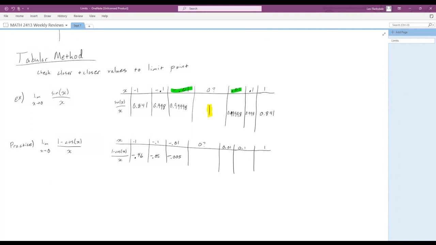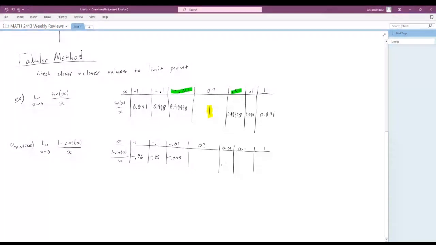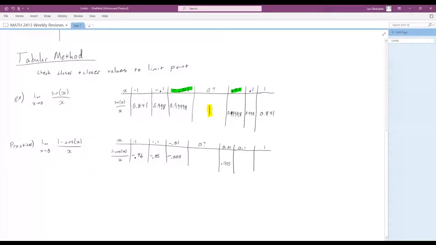Oh, I don't think I did that right. I got 99. One moment. Maybe not. Okay, 0.005. And that was for which value? 0.01. Okay. Perfect.